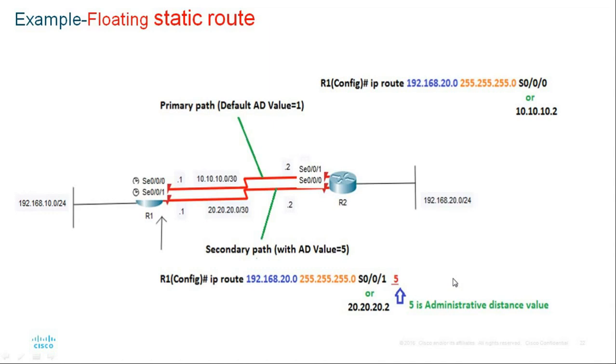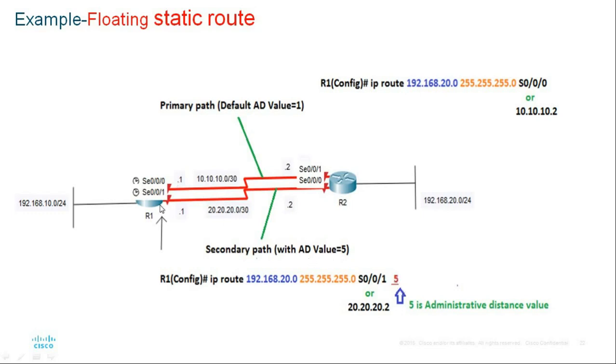So this is how we discriminate which one is the primary path and which one is the secondary path. The highest administrative distance value is the secondary path. The lowest administrative distance value is the primary path. So in these two configurations, this is the primary path, because here the administrative distance value is 1. This one is the secondary path, or backup path, or floating static route, because the administrative distance value is 5.